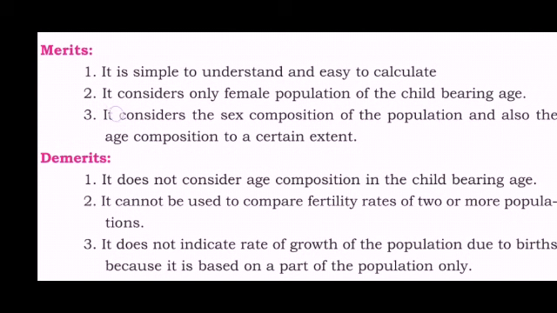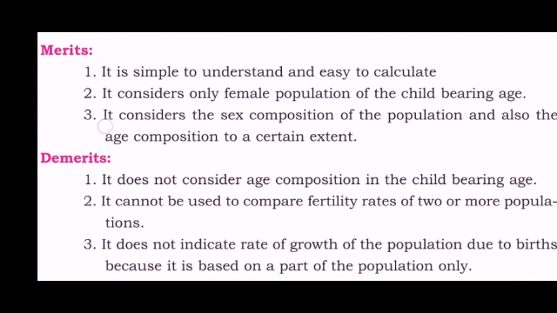So here they said it considers age composition to a certain extent, but it does not consider age composition in the childbearing age. So we don't divide and count here. And the second demerit is it cannot be used to compare fertility rates of two or more populations.